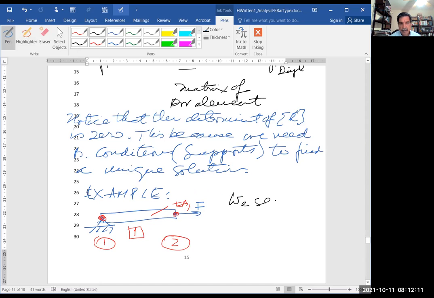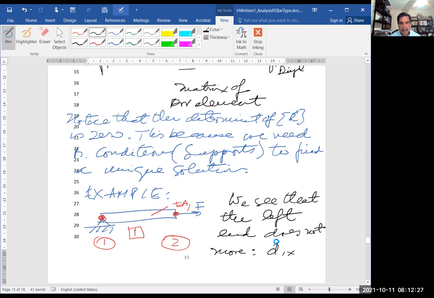So we see that the left end does not move. That means that D1x is equal to 0. And this is something that we need in order to take the singularity away from the problem and be able to find a solution.